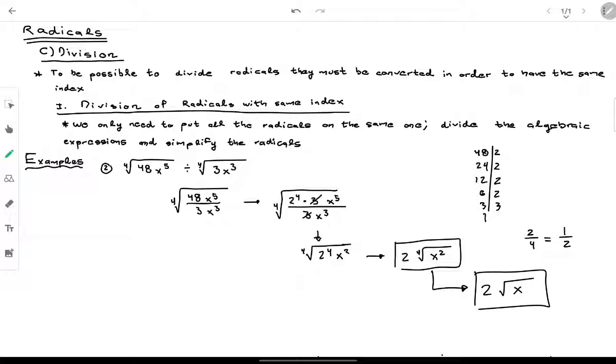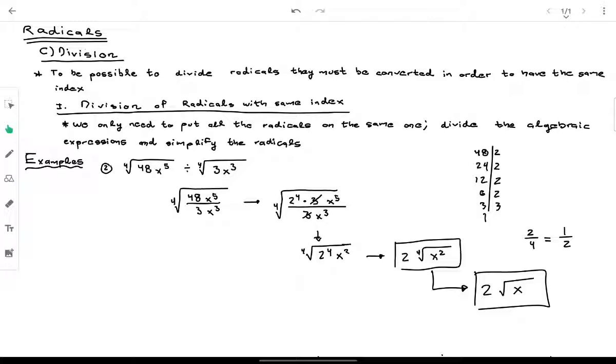And that will be the most simplified answer because the power and the index are divisible, so they can get simplified, and that will be my final answer. In this case, it's simple to do. We only put them in a single radical, simplify it, and take out whatever we can.